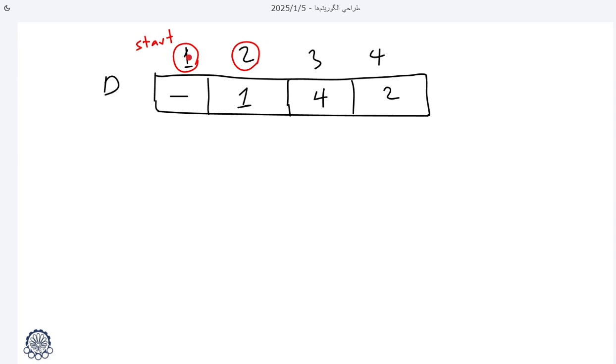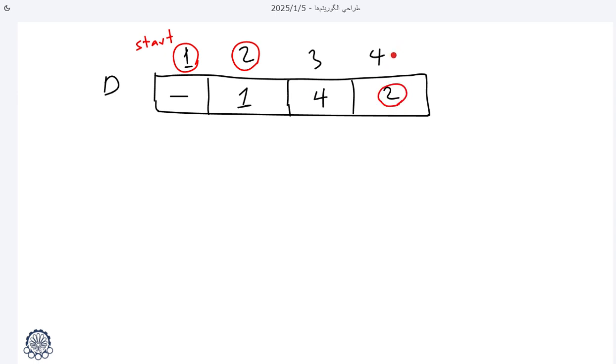So we do not consider node 1 and node 2, and at this step we just compute the minimum value between the other nodes. We have node 3 and node 4. Between these nodes we again compute the minimum value. We have value 4 and value 2. The minimum value between these two values is 2.